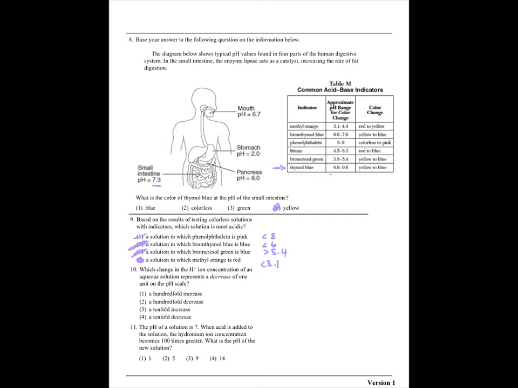Number 10. Which change in the H plus ion concentration of an aqueous solution represents a decrease of 1 unit on the pH scale? So as we think about the pH scale going from 0 to 14, 0 being most acidic, to 14 being the most basic, if we decrease, we're becoming more acidic.